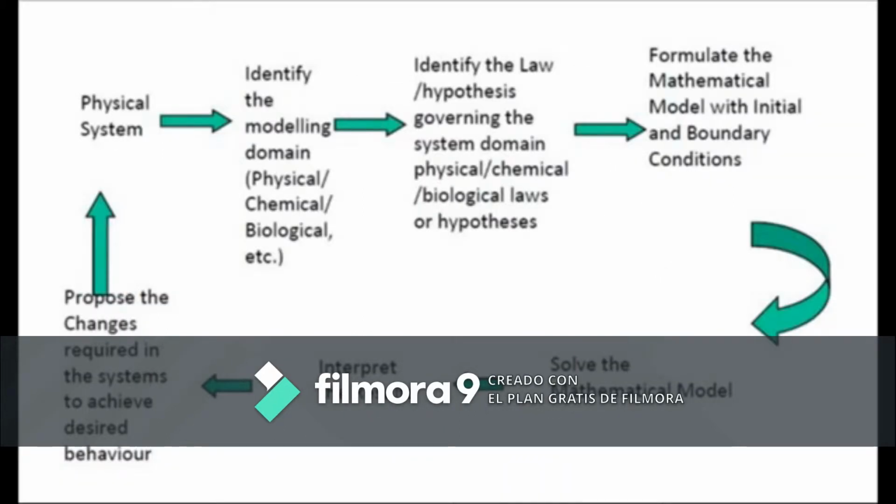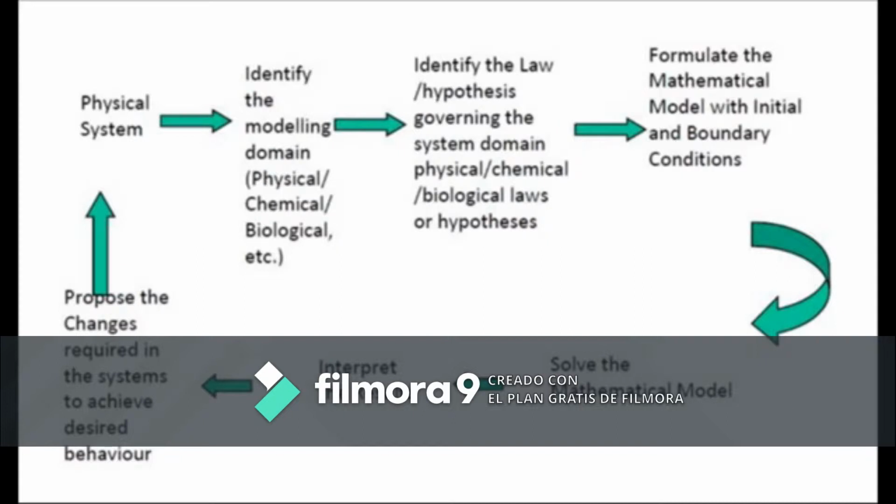And now I'm going to explain to you the requirements and information that you need to design a physical system using a computer simulator. Here you can see a picture that has step by step the requirements that you need. First is the physical system, then you need to identify the modeling domain.